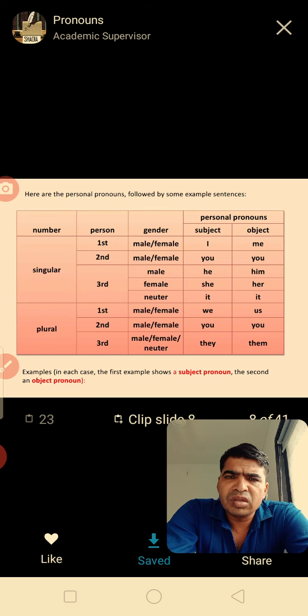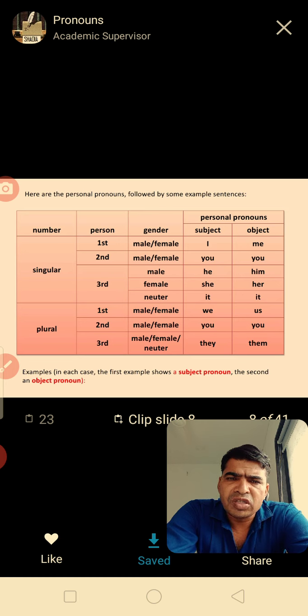Here are the personal pronouns followed by some example sentences. Number singular, first person, male or female, the personal pronouns are I and me. Second person, male or female, subject you and object is also you. Third person, male: he, and the object is him. Female: she, object is her, and neuter it does not change, it remains it.